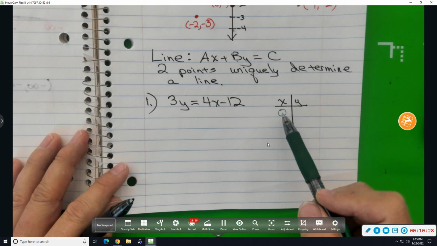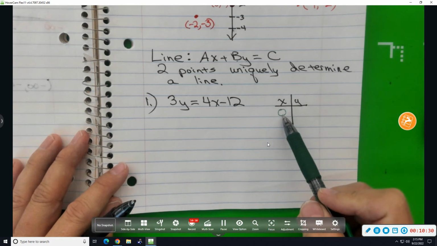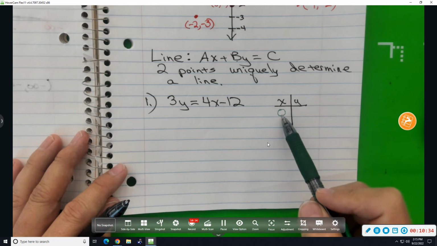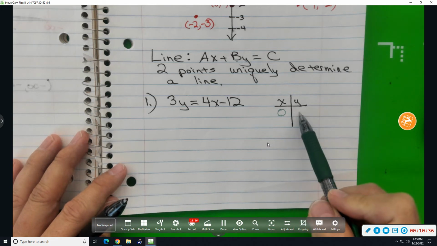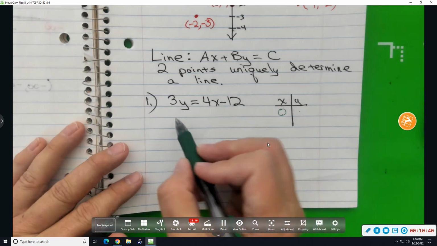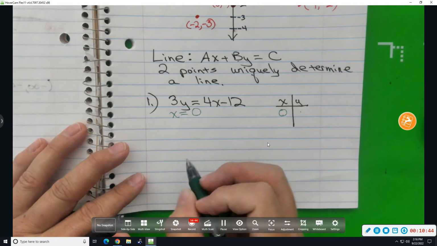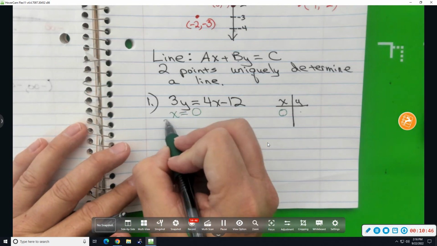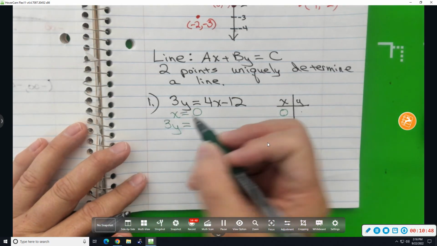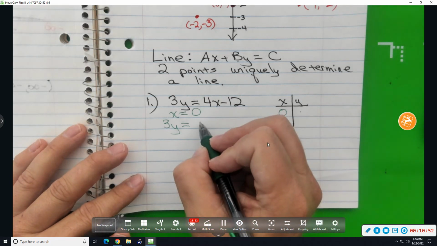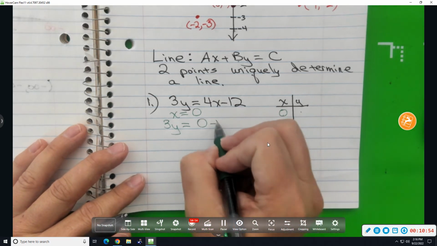Look at this table of values. They give you that number there under the x column. That's saying let x be 0. They want you to find the value of y. So we're using this equation, plugging in 0 for x. So we have 3y is equal to 4 times 0, which is just 0. 0 minus 12.